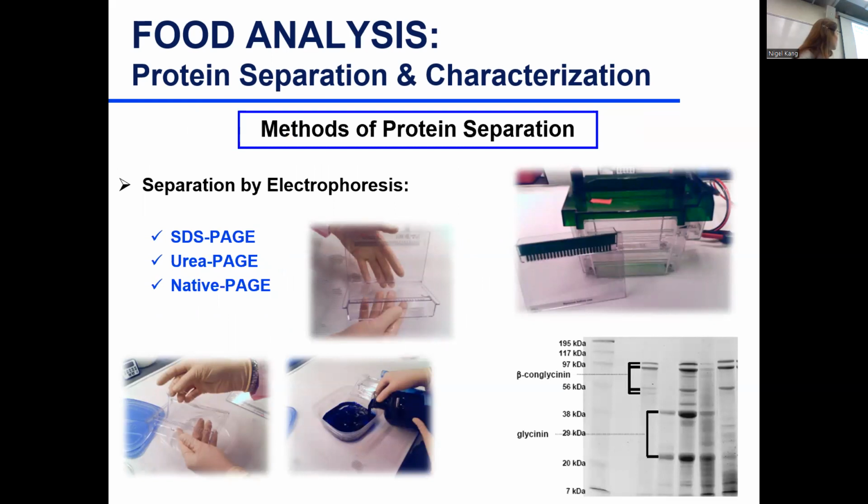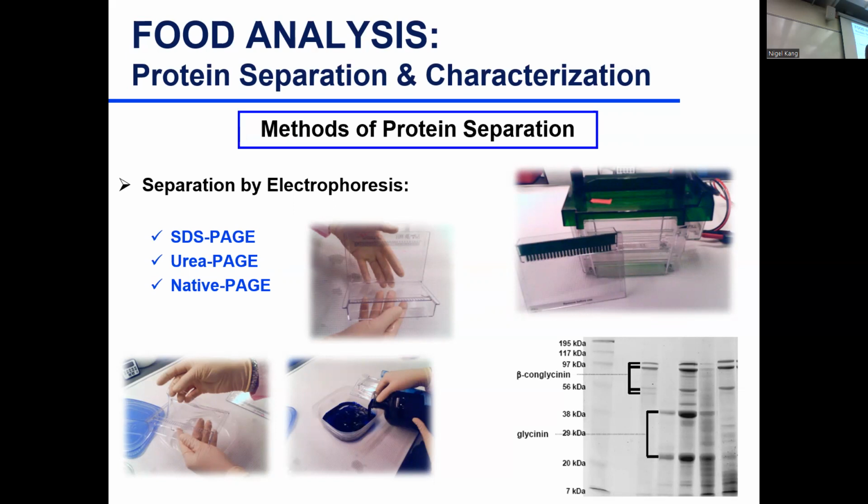Okay. The other method of separation is based on electrophoresis. Electrophoresis is a technique that helps us to separate proteins based on their molecular shape or the ratio of charge to size, or let's say charge.